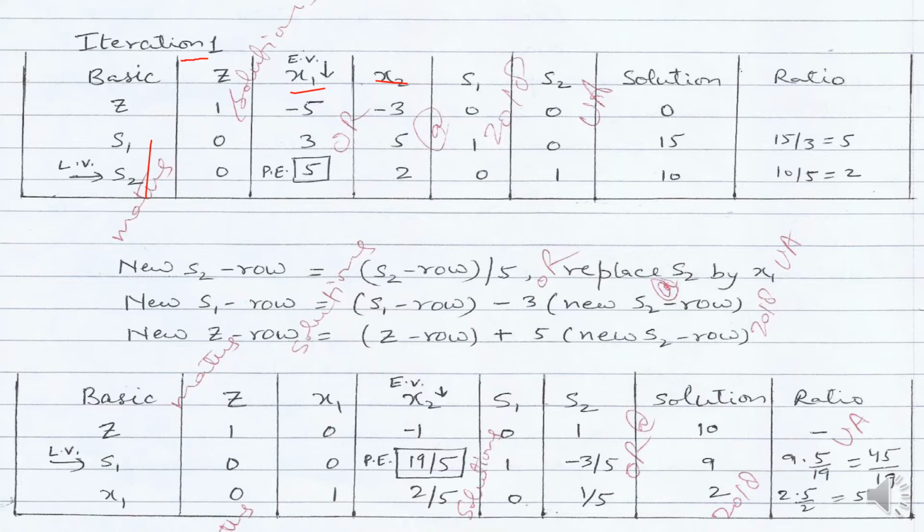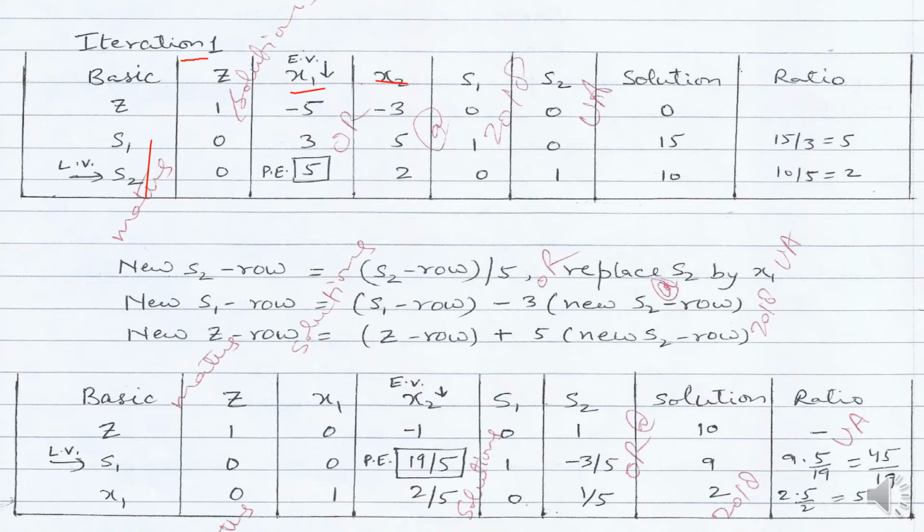And s1 row shows the first constraint in which slack variable s1 is coming into picture, and we have written coefficients of z, x1, x2, s1 and s2, which are 0, 3, 5, 1, 0 respectively. Similarly, we have written the s2 row in which we have written coefficients of the second constraint where slack variable s2 is coming into the picture.